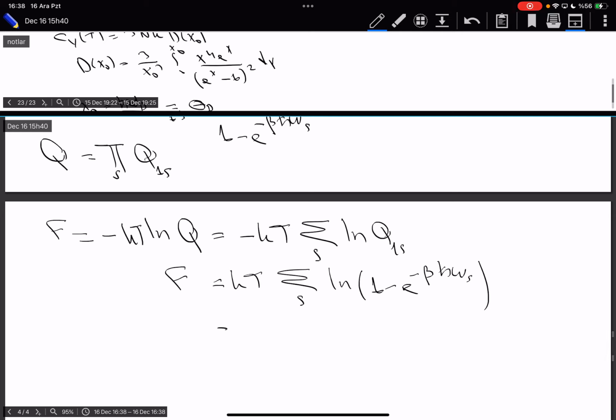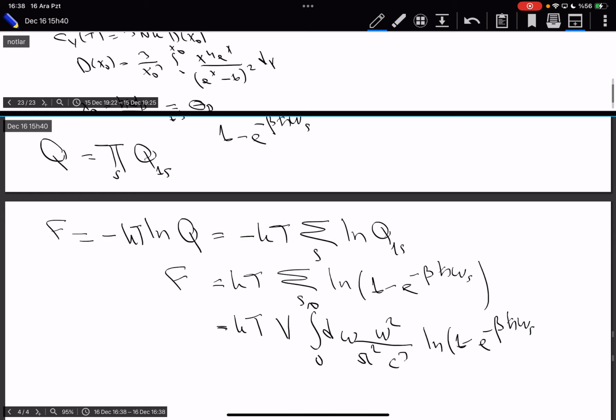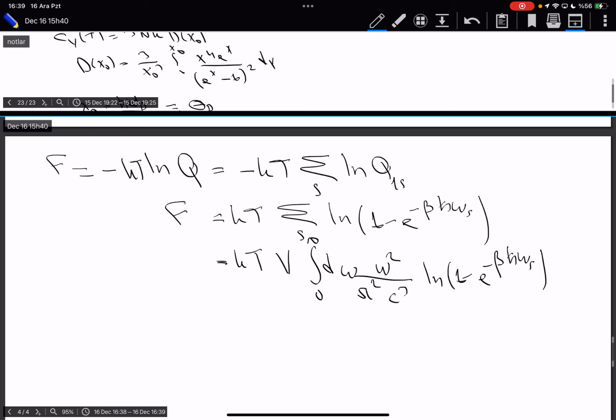This will be kT times V times the integral d omega from 0 to infinity of omega squared divided by pi squared c cubed, times the logarithm of 1 minus e to the power minus beta h bar omega S. Pressure was minus the derivative of free energy with respect to, sorry, not temperature, with respect to volume.